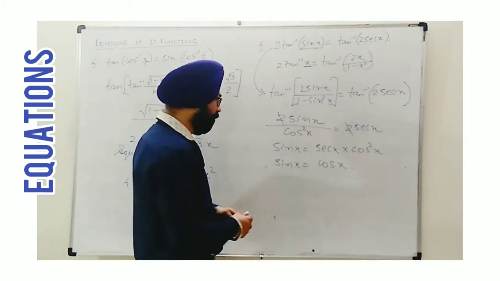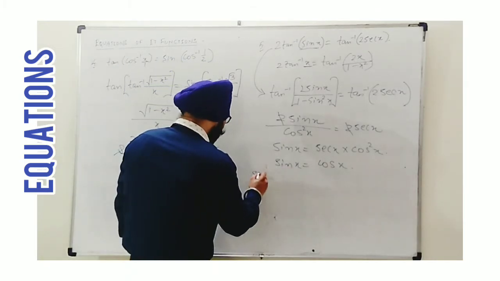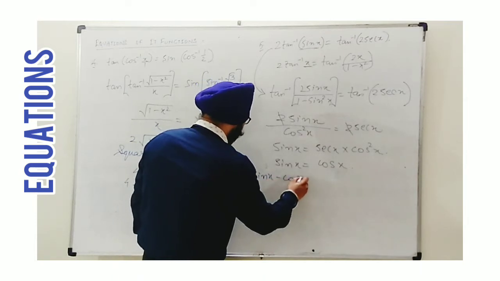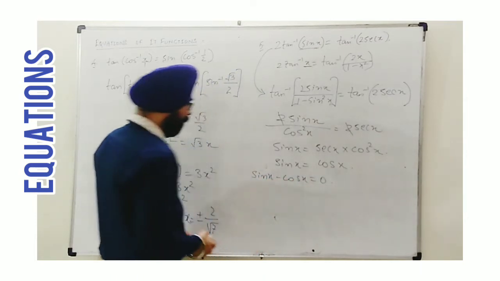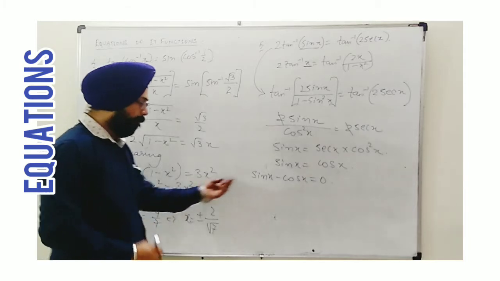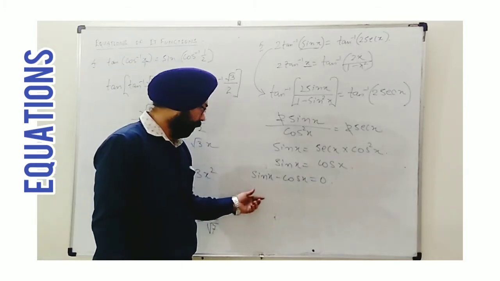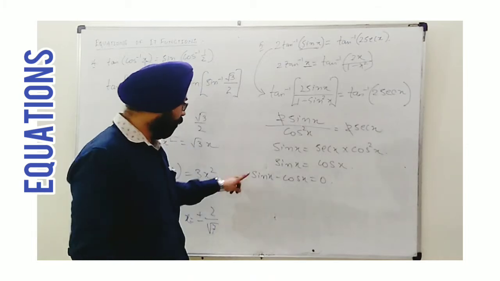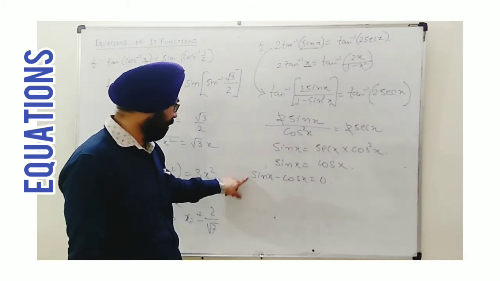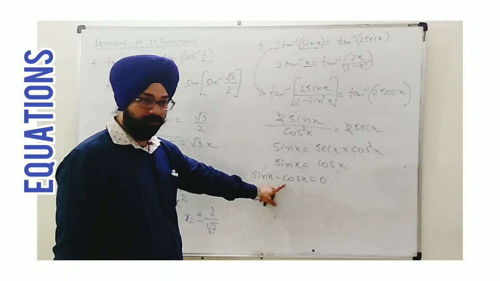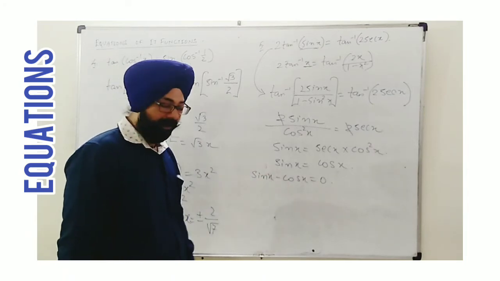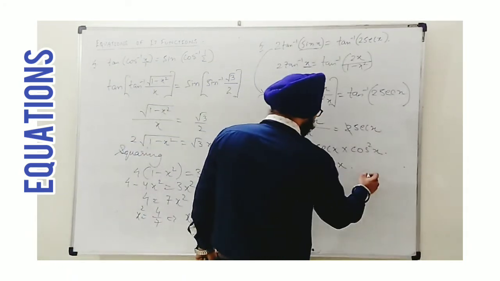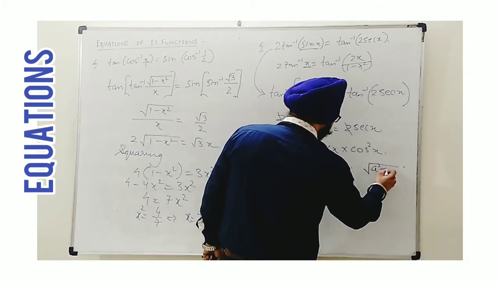First of all, cos x will be shifted to the left hand side to make it sin x minus cos x equal to 0. Now this is the pattern I was talking about, the a cos theta plus b sin theta pattern. Here a and b are the coefficients of sin x and cos x. As I see, the coefficient of sin x is 1, and the coefficient of cos x also is 1. To apply this method, we find the value of root a square plus b square.